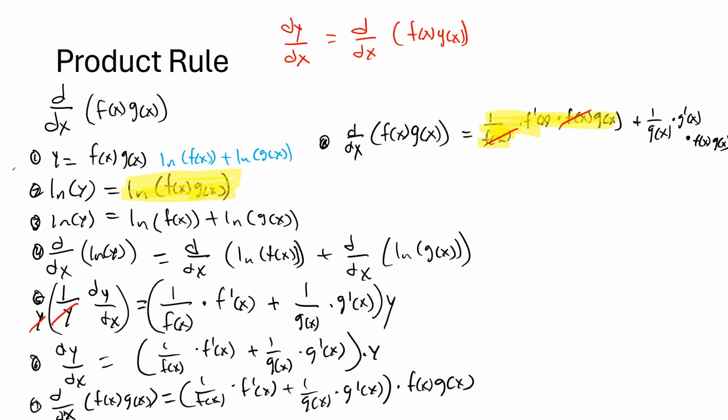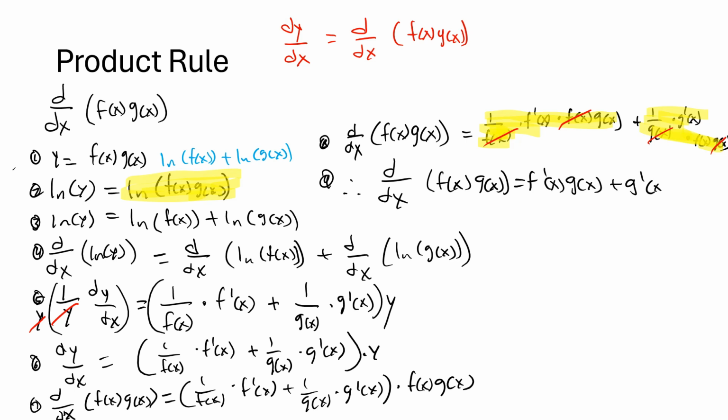And for this term here, I know it's a little messy, sorry about that, we can cancel out the g of x. So now, therefore, d dx of f of x g of x equals f prime of x g of x plus g prime of x f of x.